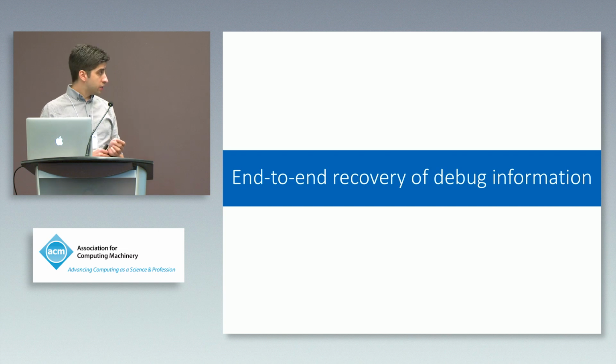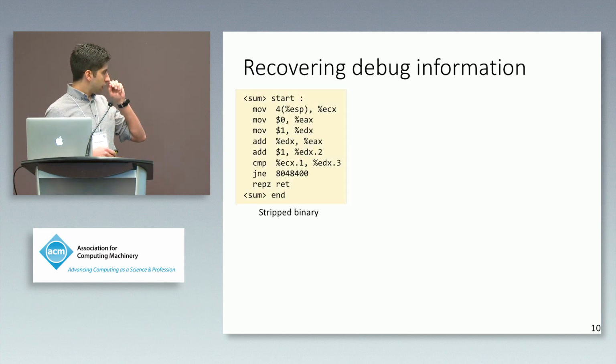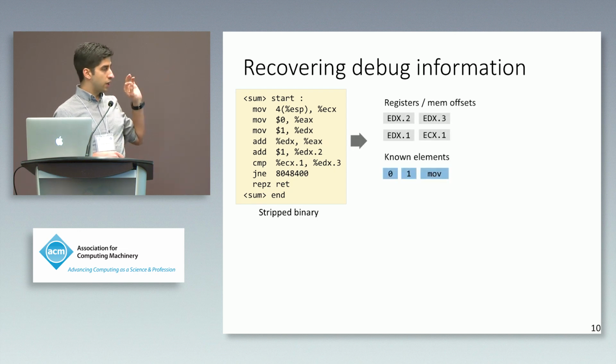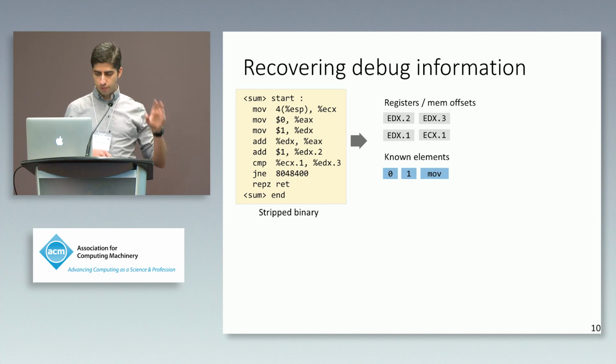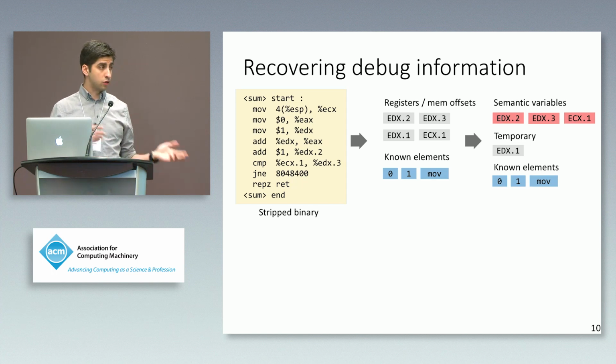All right. So having trained these two models, now I want to show you a full end-to-end example on how this prediction would work. We start with the stripped binary, where we only have the assembly code, no debug symbols at this point. First step, extract all the registers, the memory offsets, any known elements that are in the binary, and then we run the first step of the prediction process, where we classify the registers and the memory offsets into semantic or temporary variables.